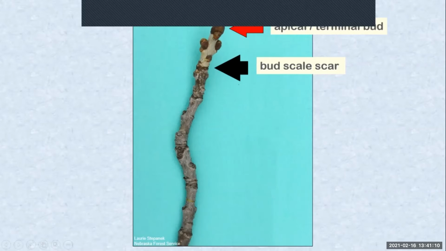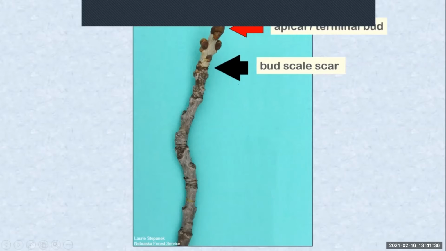So last year, there was a terminal bud right here. And then when bud break occurred, those scales around the bud fell away where they were attached, and they left behind the little bud scale scar. And then the twig grew out just a short amount, and then it set a new bud up here.